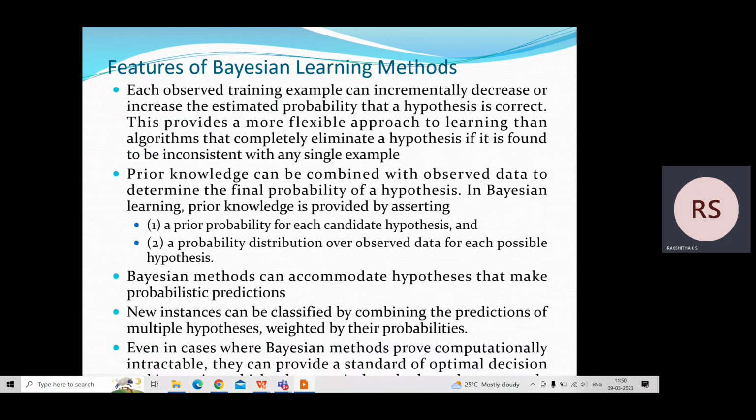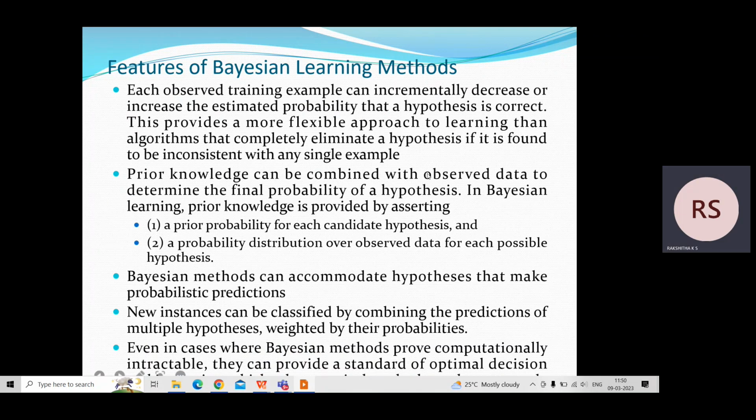Next, coming to the features of the Bayesian learning method. Each data can incrementally decrease or increase the probability of a hypothesis, whatever data is given by the user. According to this, it provides a more flexible approach to learning algorithms.